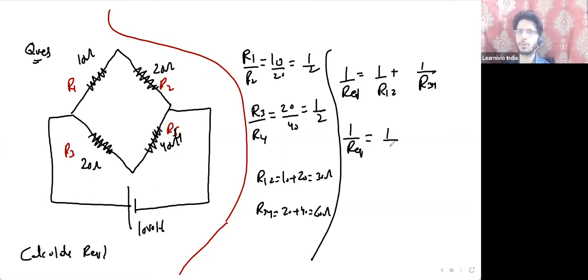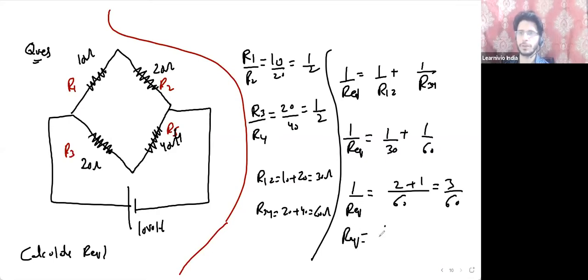So 1 by R12 is 1 by 30. 1 by R34 is 1 by 60. 1 by R equivalent will be, over 60, 2 plus 1, so 3 by 60. Your R equivalent is 60 by 3. It's 20 ohm.